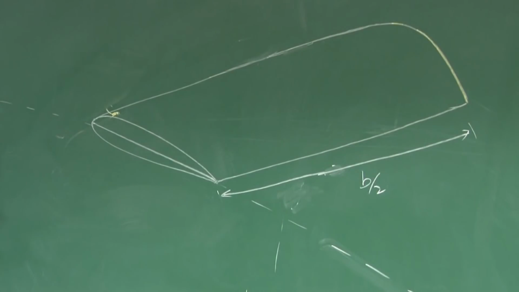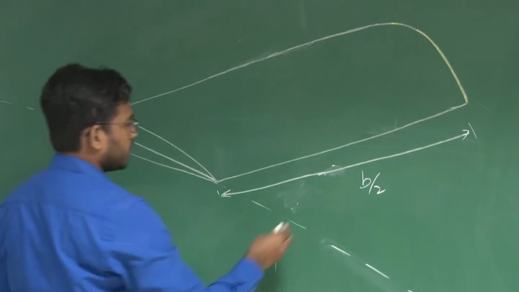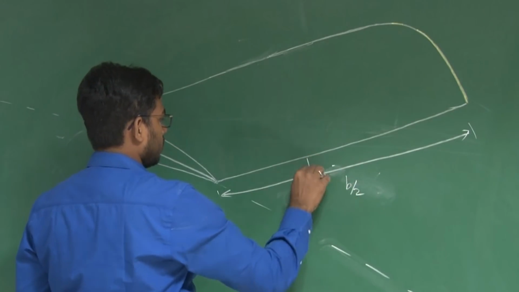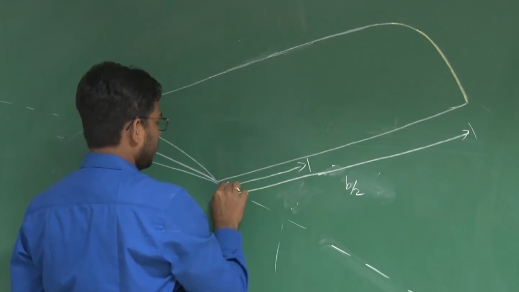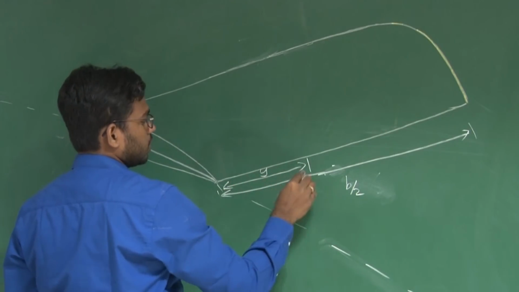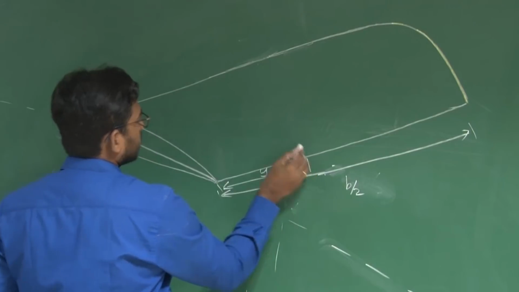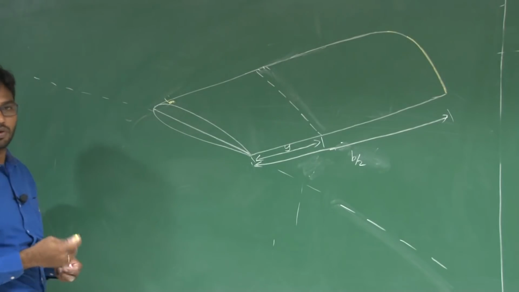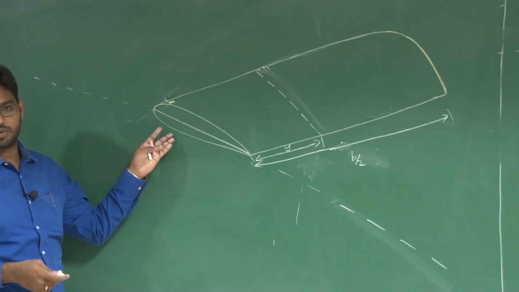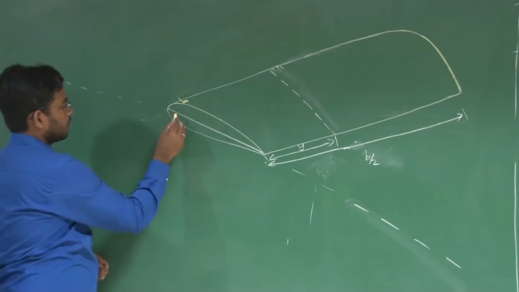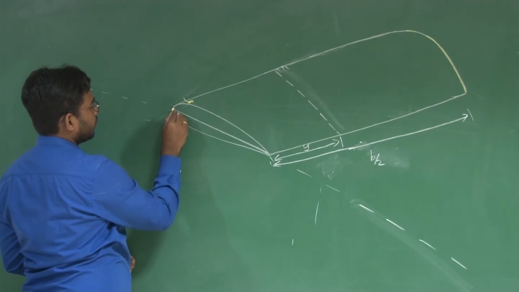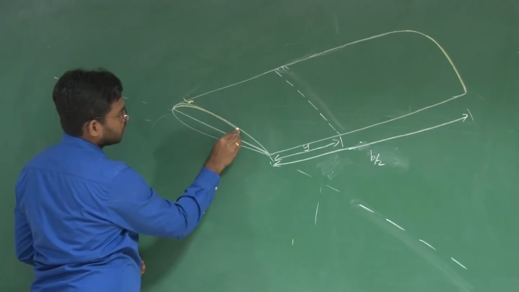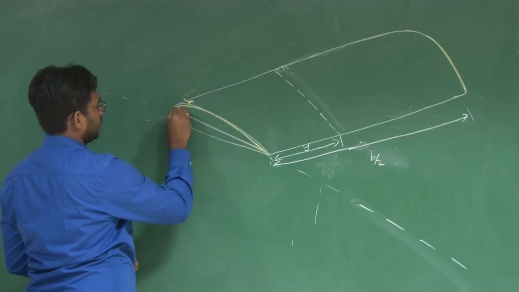Now say at a span-wise location, this is b by 2, let that location be y. At this location, say the shape of this aerofoil is different compared to the shape of the root chord aerofoil. That means this is a cambered aerofoil, and at that particular location I started using a symmetric aerofoil.